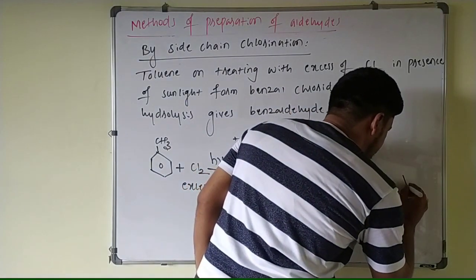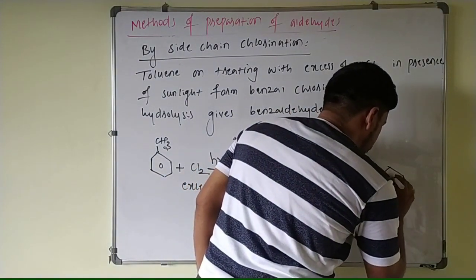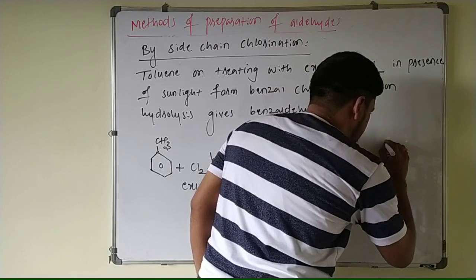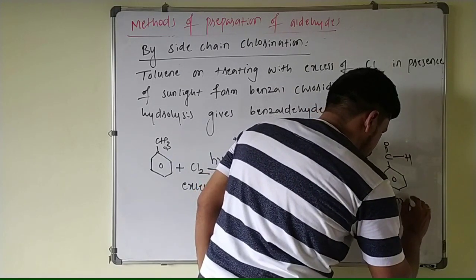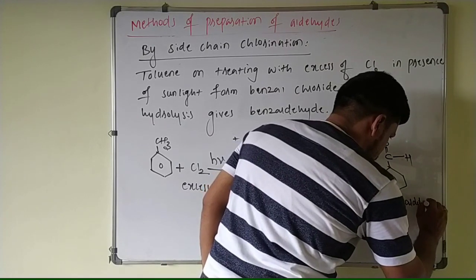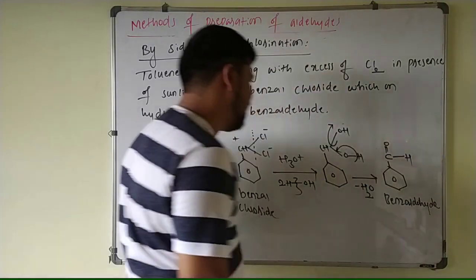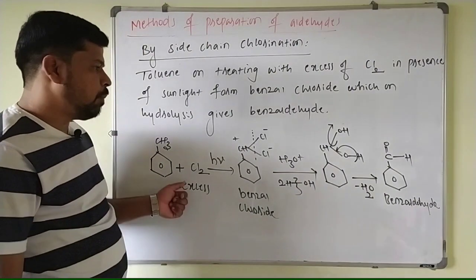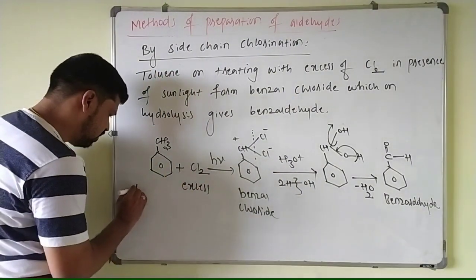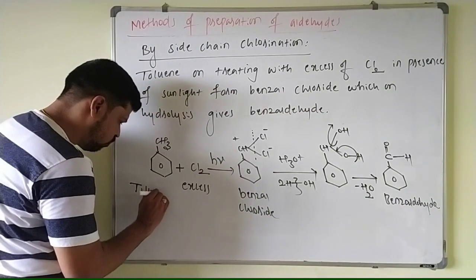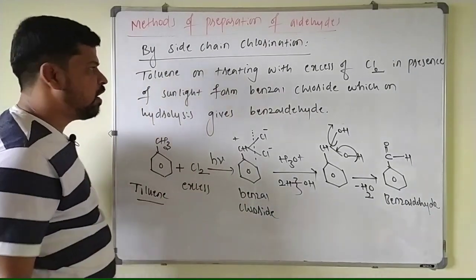Ultimately we will get benzaldehyde here. So this is C double bond O and H. This is benzaldehyde. This is the preparation of benzaldehyde by the side chain chlorination of toluene. This toluene undergoes side chain chlorination here.